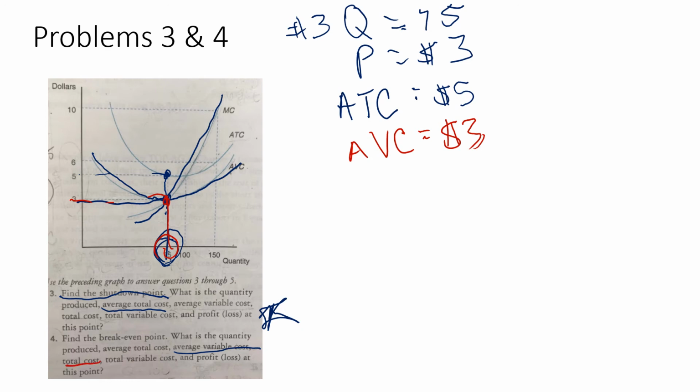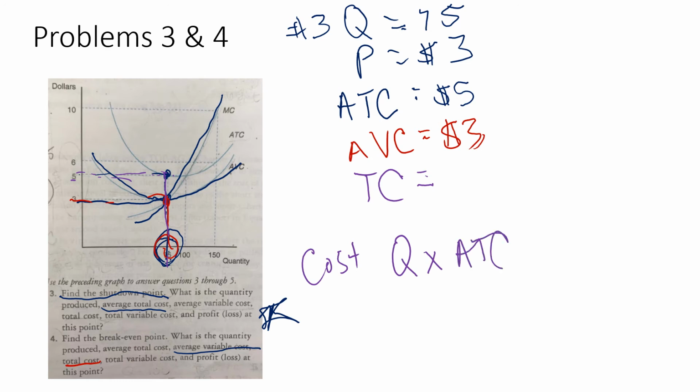The total cost, you follow that up to the total cost curve. Okay, so it's $5. So we don't have the total cost curve, sorry. Follow that up. So that's the average total cost. Average total cost per unit is $5, but we're producing how many units? So total cost equals quantity times average total cost.